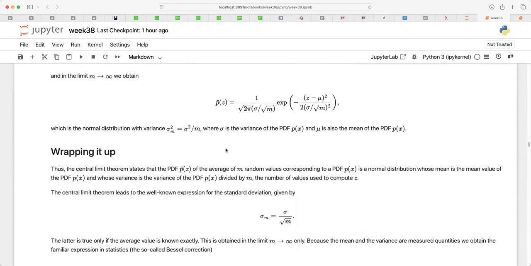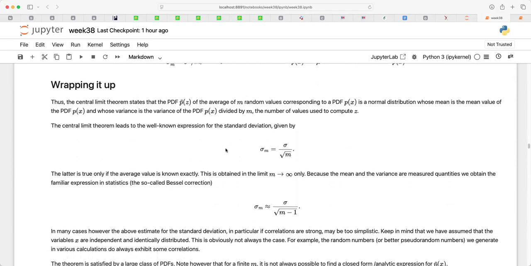Okay. So when you do that, what you can show is that the new standard deviation is given by the original one for the individual distributions divided by the square root of the number of experiments. And this is the kind of formula which many of you probably have seen before. Does that ring a bell? So this is one of the central results of the central limit theorem.